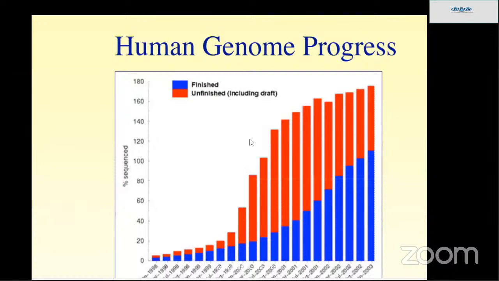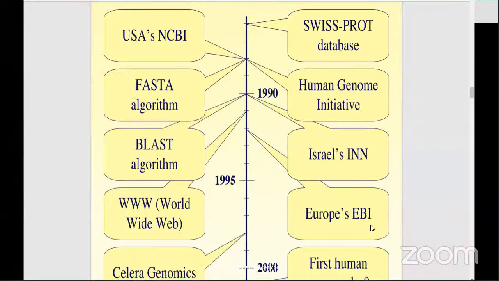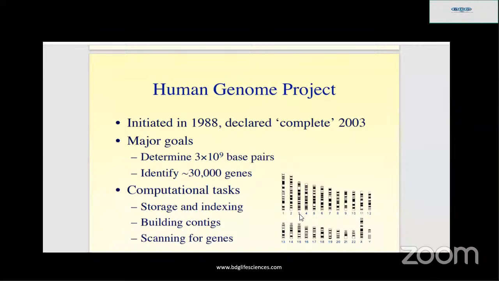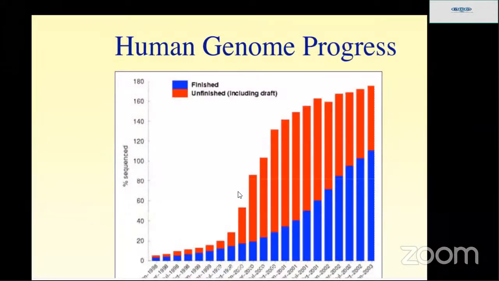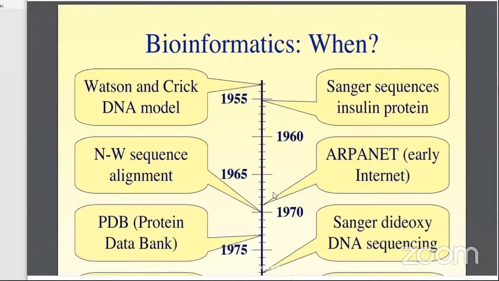If you see here graphically in the form of a bar diagram, it started, as I told you, in 1988, and you can see its information is increasing, and by 2003 it got completed. So this is the finished part and this is the unfinished.